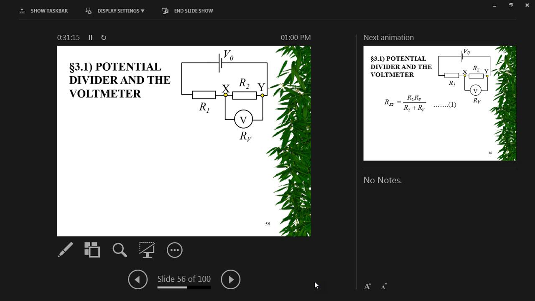Okay, you all ready? So what we're going to apply is the potential divider principle. But now the thing that I put together with it on the right side is an object with resistance, not infinite resistance. In this case it's a voltmeter, but the voltmeter has a resistance RV.